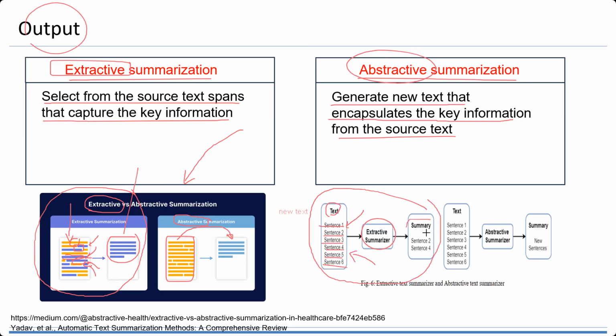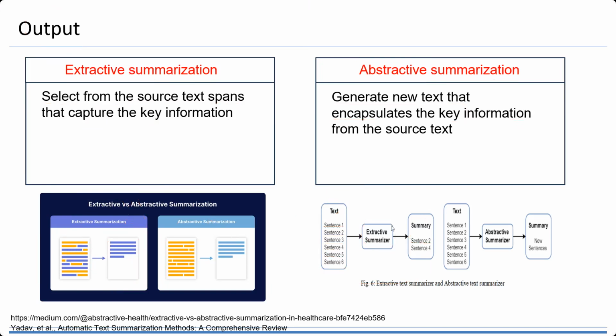So the summary would be one or two of the sentences. In this case, the summary is sentence 2 and sentence 4, each of which is one of the sentences in the text.